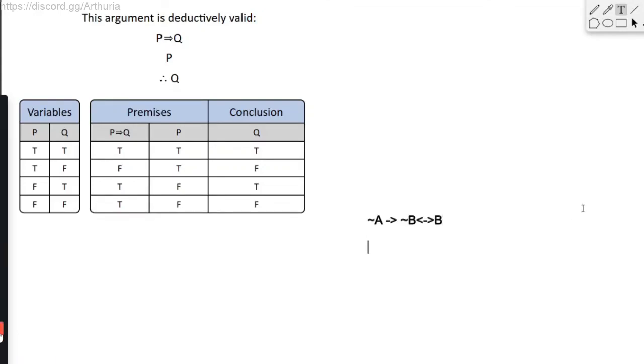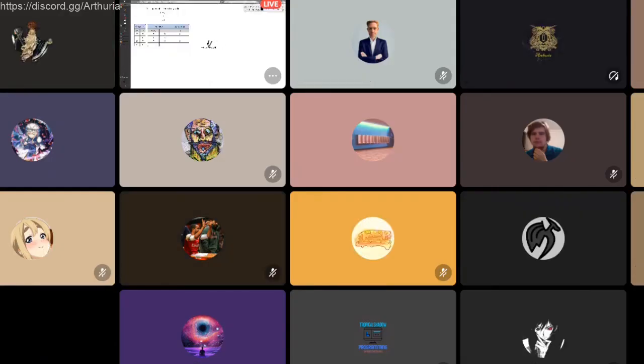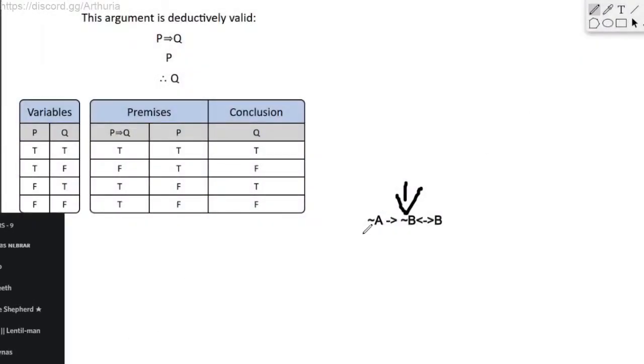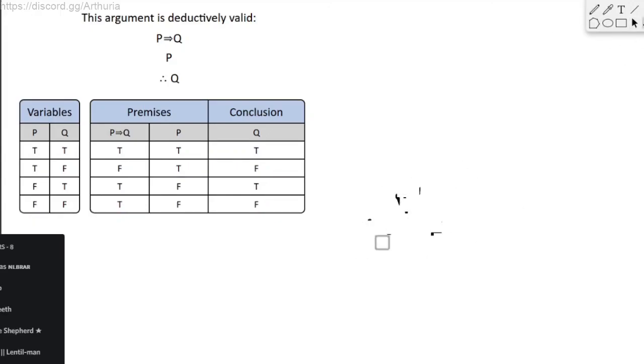What's the problem with writing something like this is I do not know where this negation is ranging over. I could interpret this as either if A isn't true, then not B if and only if B is true, or it could be the case that I'm saying if not A is true, then the entire statement B if and only if B is true. So you need parentheses. You should never have two operators like this without parentheses, ever. It's a common error. You would need to have parentheses there somewhere to tell me what that is.